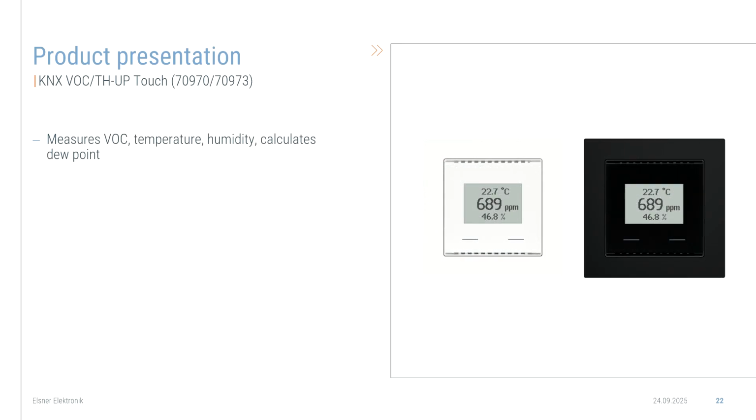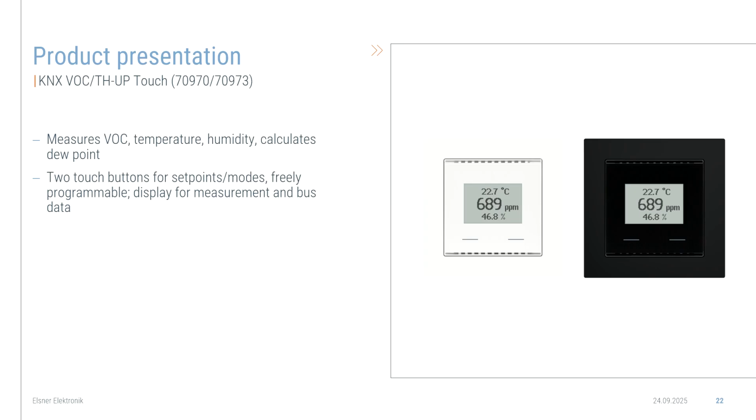Okay, now our KNX VOC THUP touch with the display in the middle. It measures the VOC, temperature, humidity, and it calculates the dew point. It has 2 touch buttons for set points modes, but also freely programmable. So you can use it for opening and closing windows manually if you don't only want it to be automatically controlled.